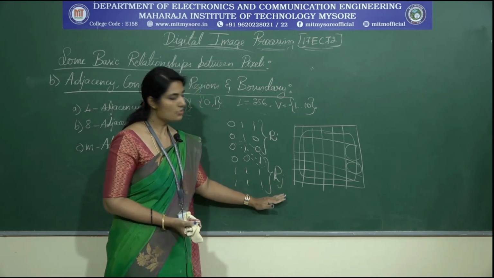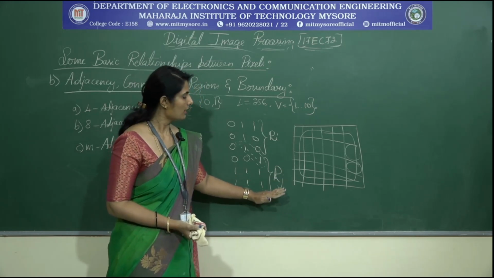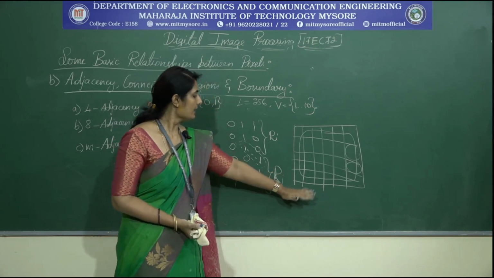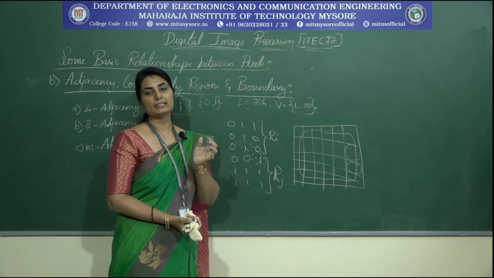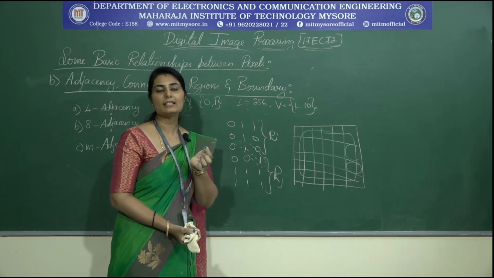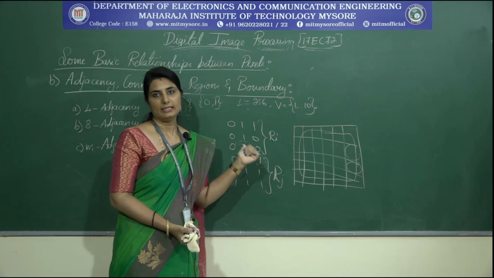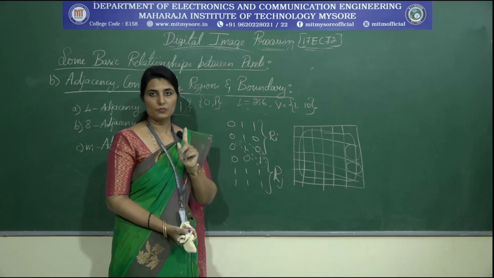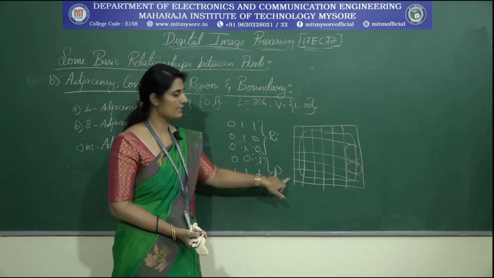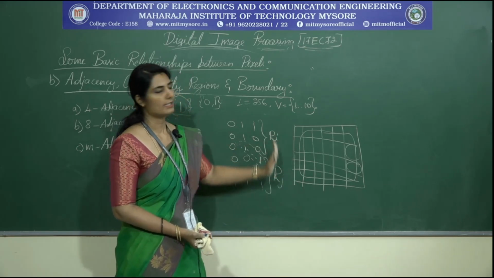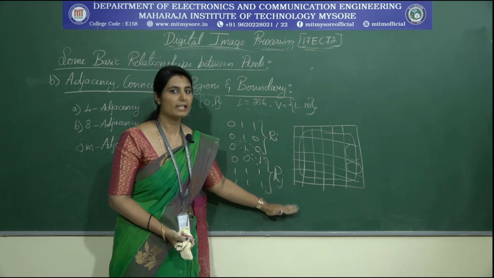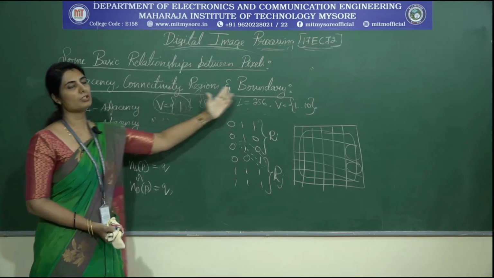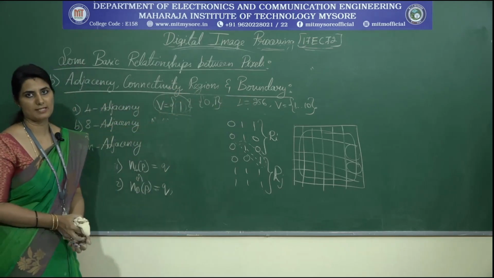We say a region is a boundary region if that region lies at the border or contour of the image, and if this region contains at least one pixel which is of background intensity. Now you understood adjacency, connectivity, region and boundary with examples.